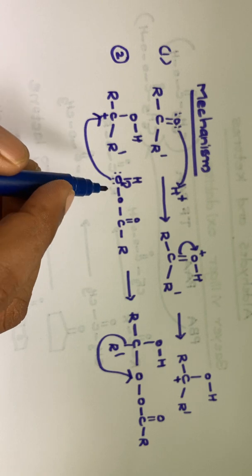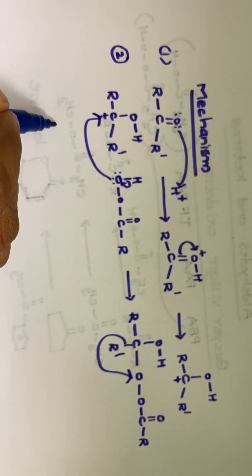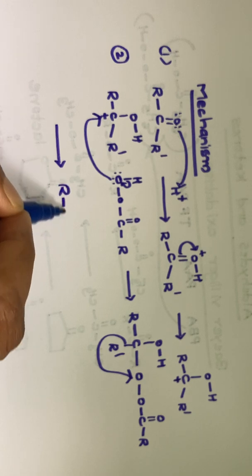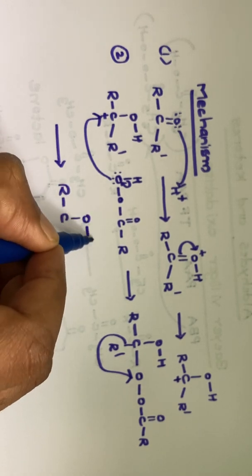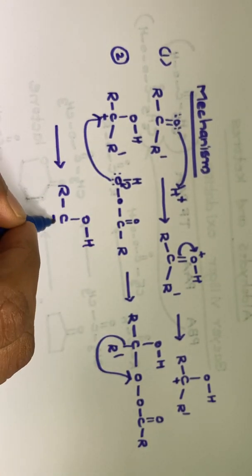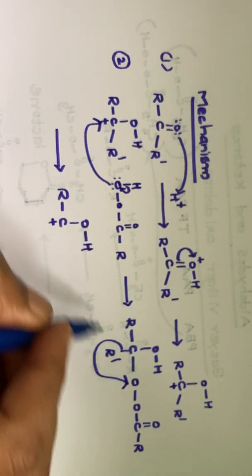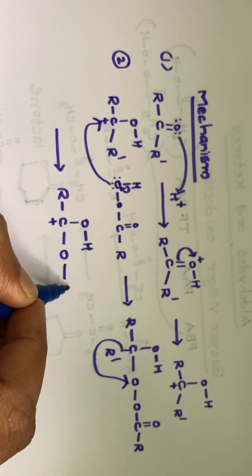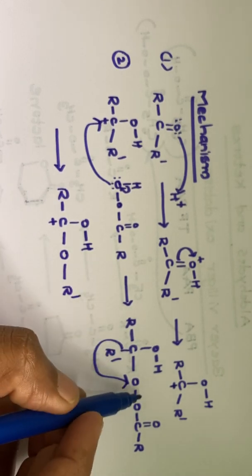Now, when the group migrates, it results in the formation of this compound. I'll just write it. So you have R, C, OH. Since this group is migrating, the carbon will again have a positive charge. So O, R dash. It is a group again, so this bond should break.